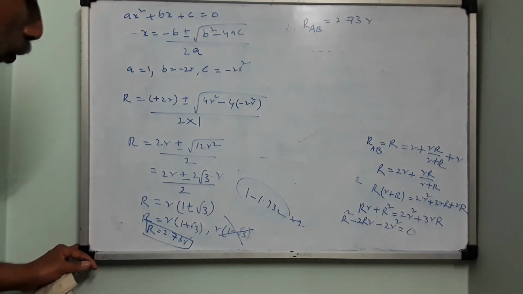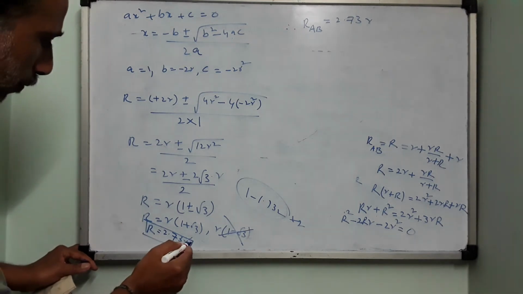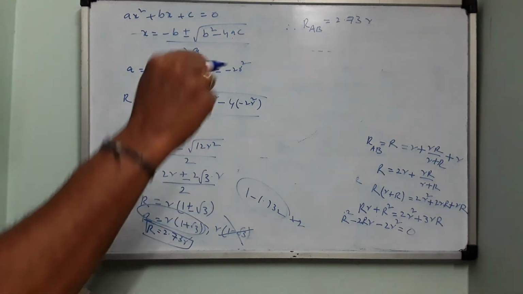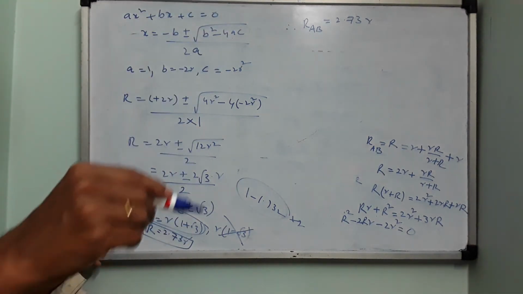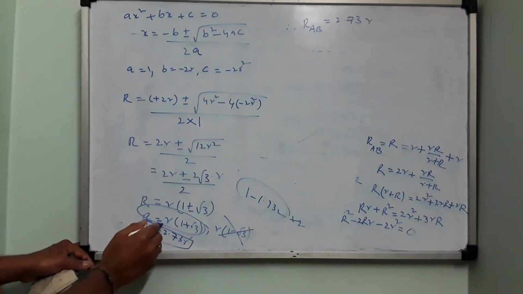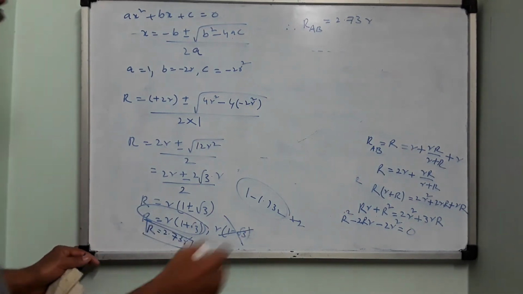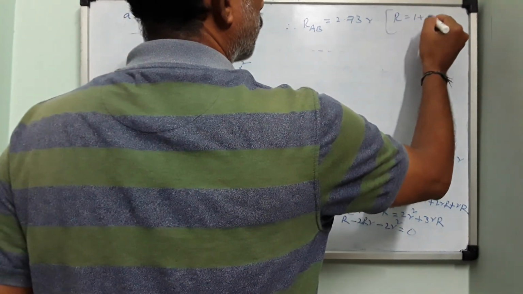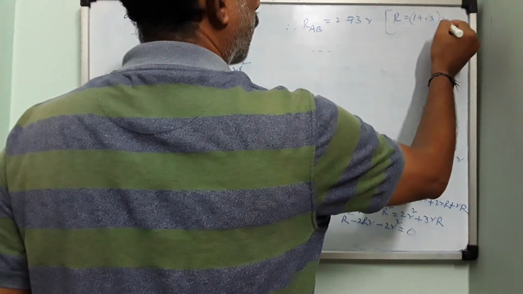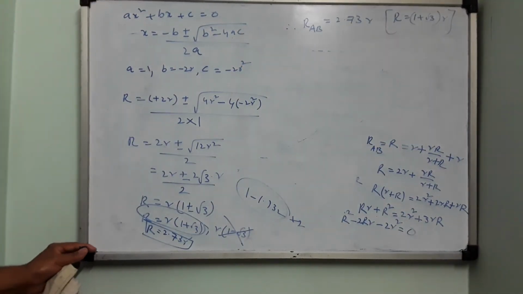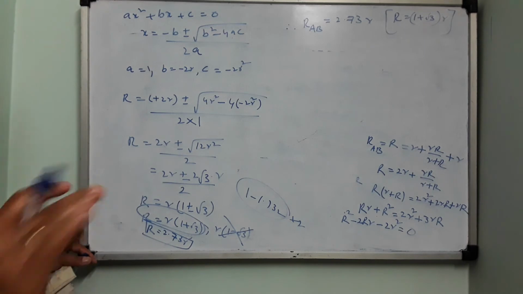So you better remember this equation. For such a network of 3 resistors, 2 horizontal and 1 vertical, the net resistance between A and B is 1 plus root 3 into R. So remember it like this: R equals 1 plus root 3 into small r. If the smaller value is given, then you can calculate the capital R value.